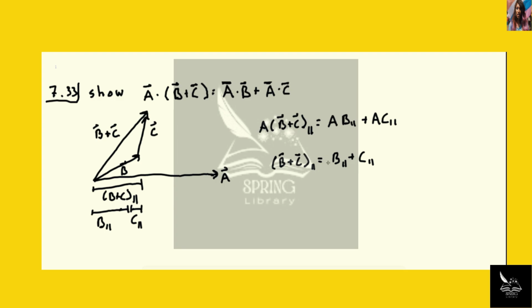And so that we can see from drawing a picture like this, and you'd have to technically convince yourself that this is true for any possible arrangements of A, B, and C, but in terms of illustrating the idea, it works.